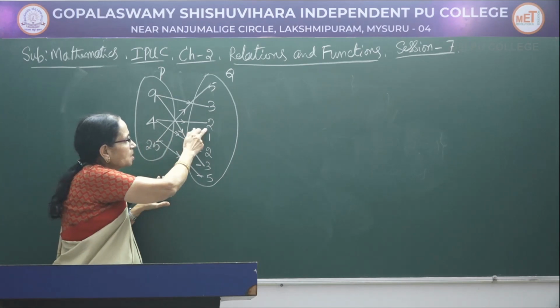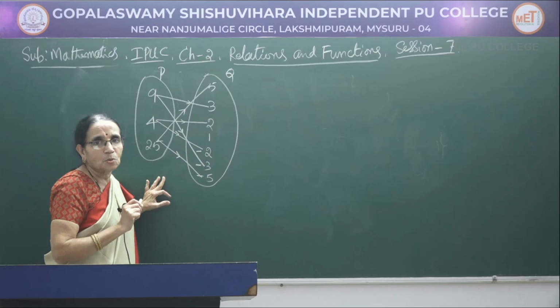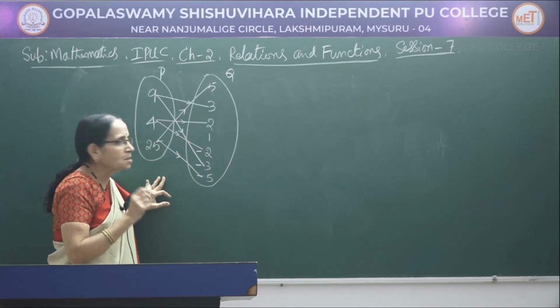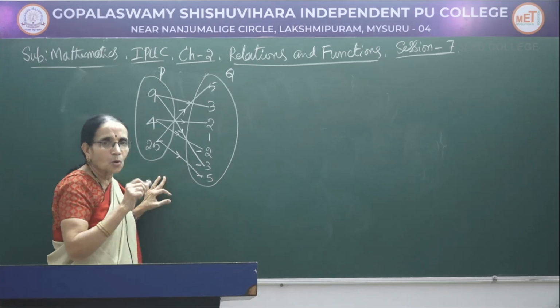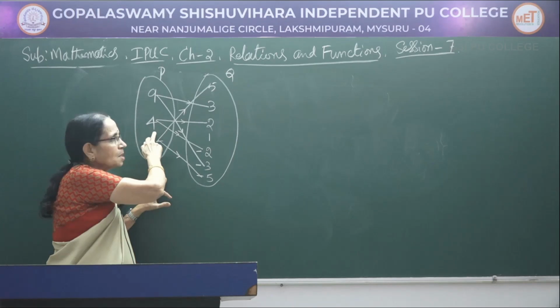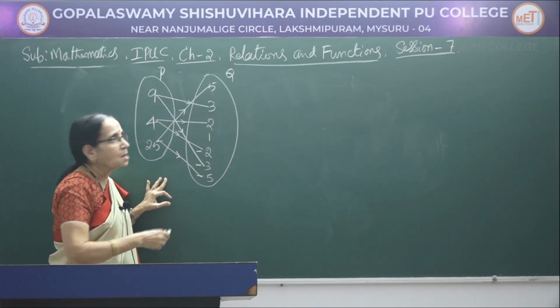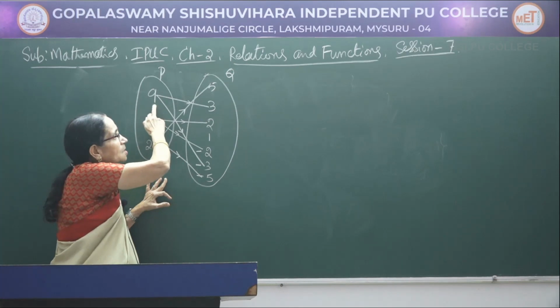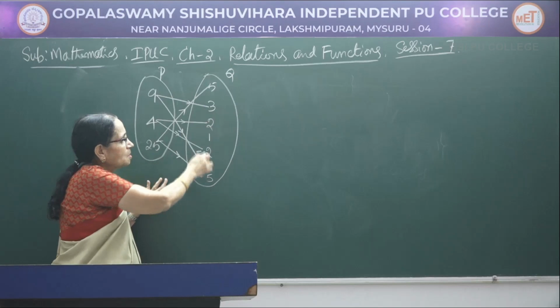4 is associated with plus 2, and 4 is associated with minus 2. Again we observe that 2 square is equal to 4, and minus 2 whole square is also equal to 4. That means this number is the square of these two numbers. Suppose you take this as A, these two as B. See here, 9, 3 and minus 3.